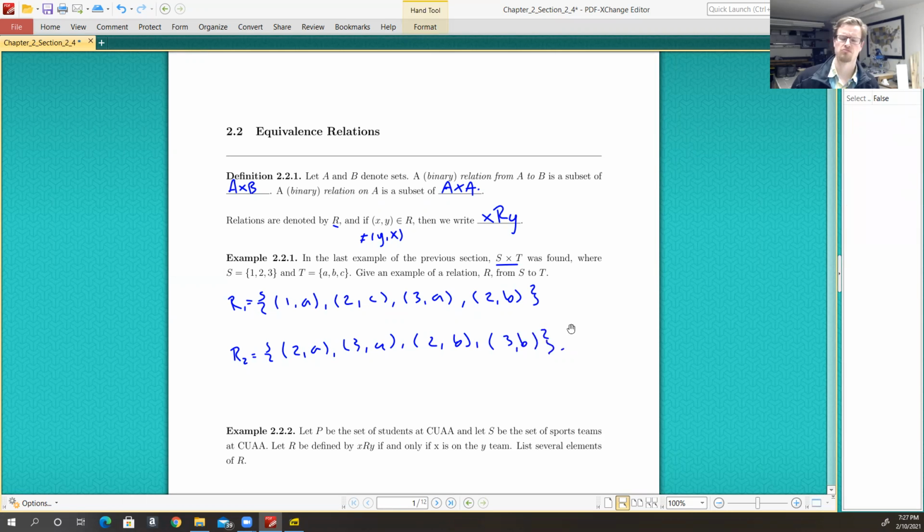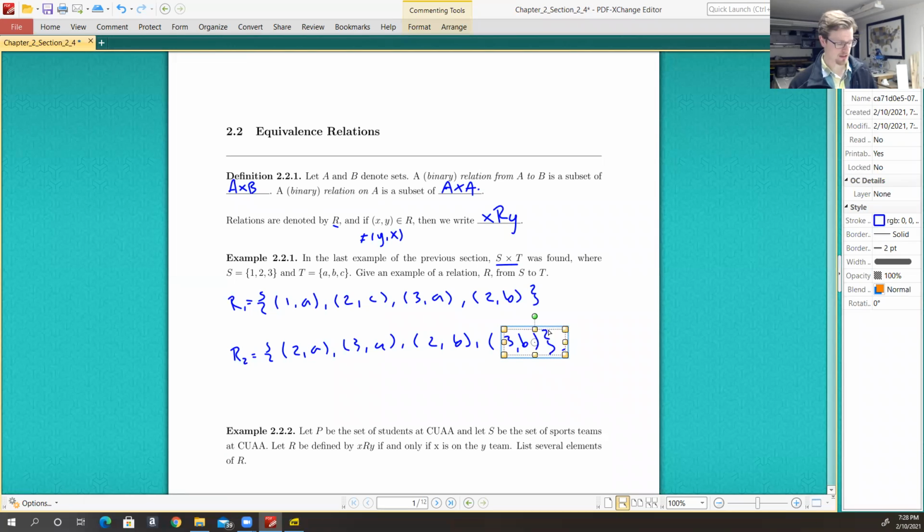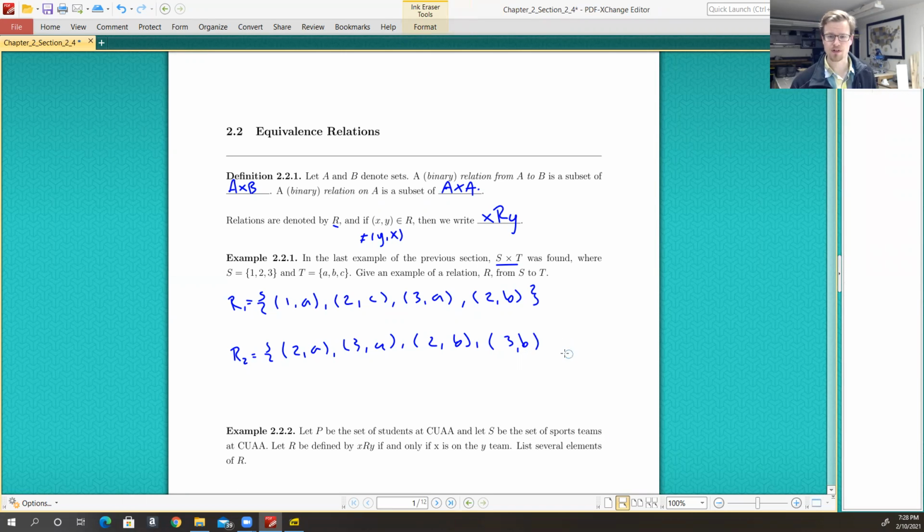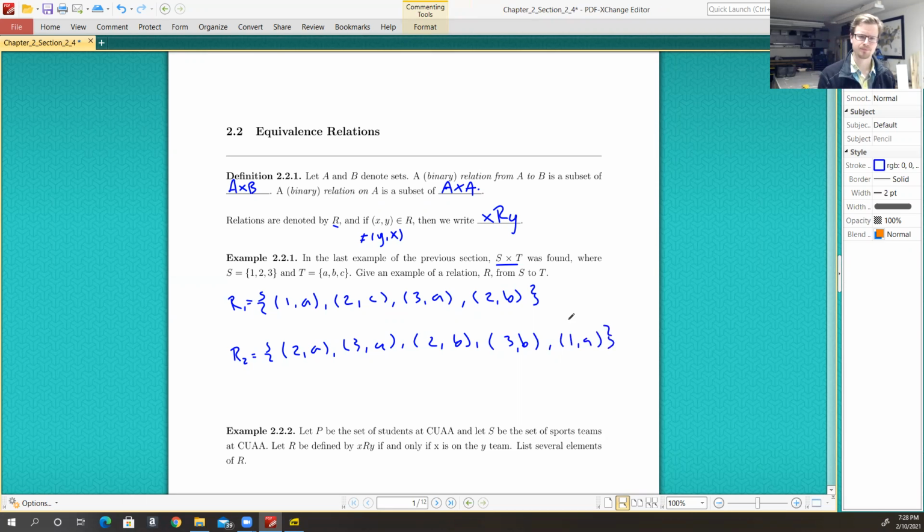Sure, that looks good. Doesn't matter. It's just a collection of, well, even 4 elements. It doesn't need to be that number of elements specifically. So we could have more there. 1A. There we go. Any number.